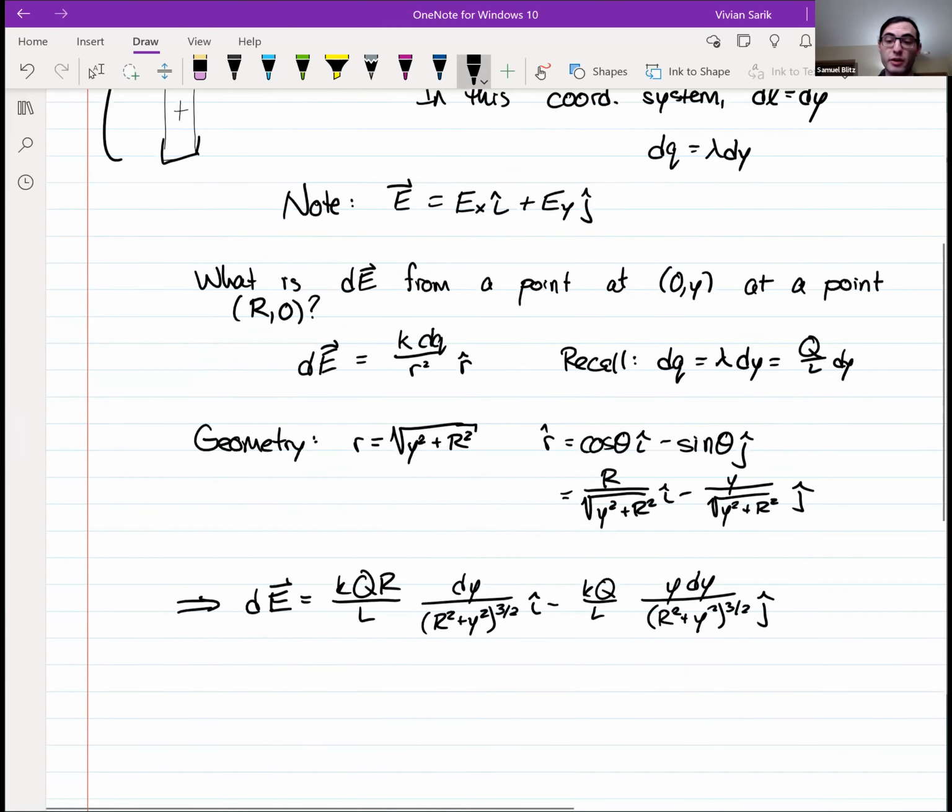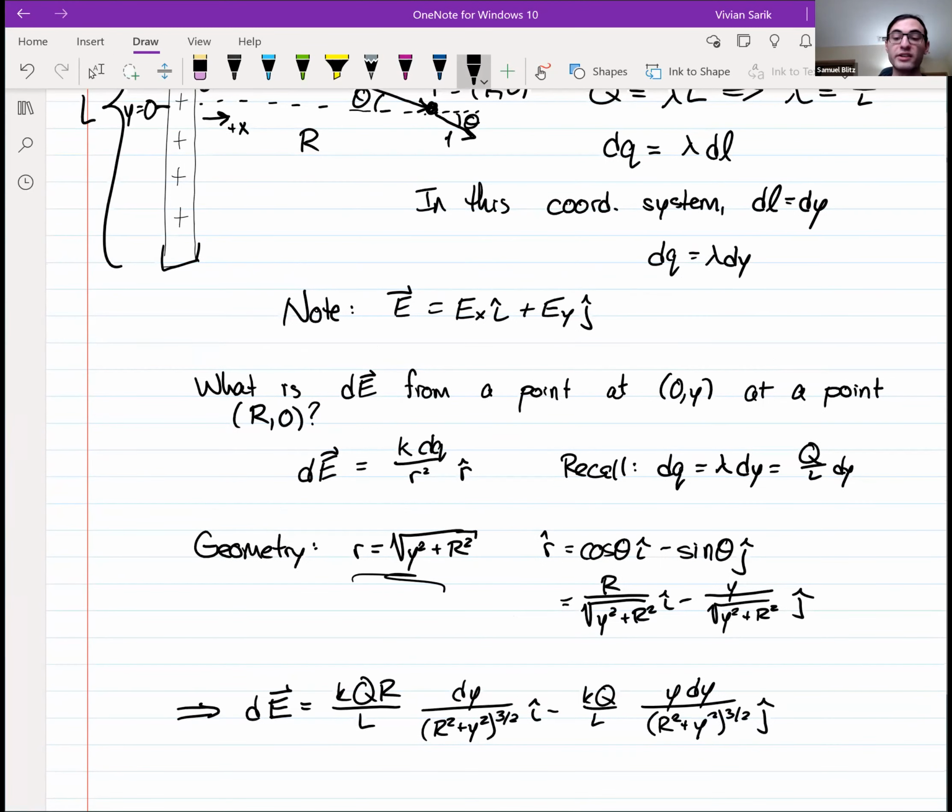So all I've done is I've combined all of these facts. I took r, I squared it, because that's in the denominator. Then I multiplied that whole thing by this, and I combined like terms, moved things around, and so on. And then dq I rewrote as q over L dy.